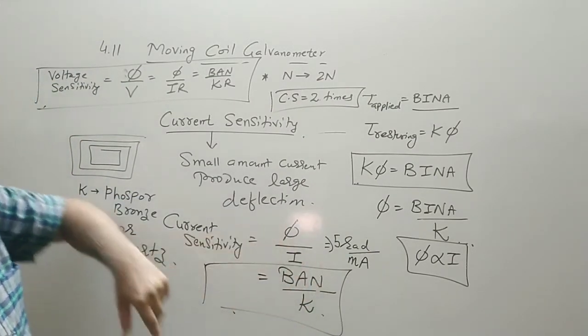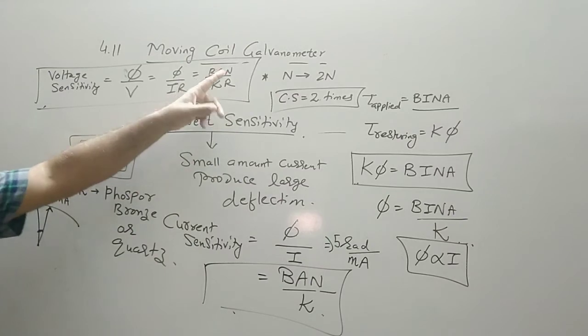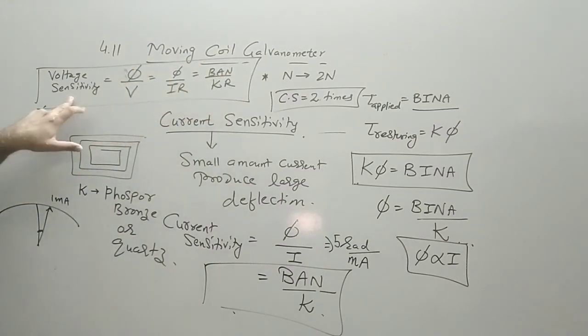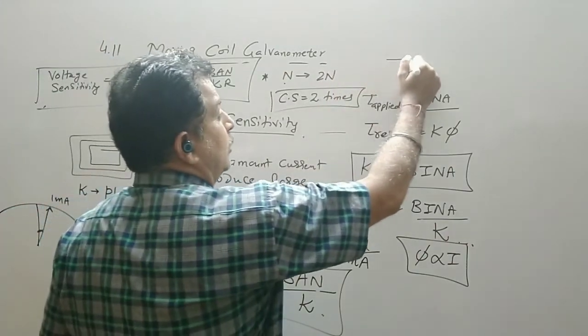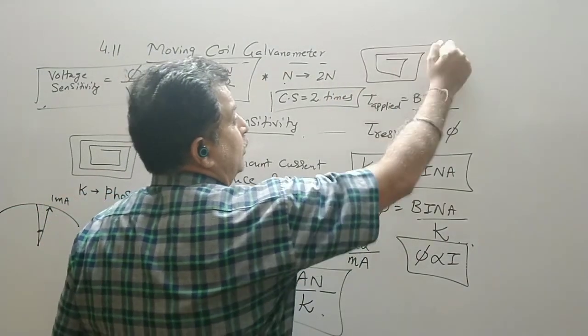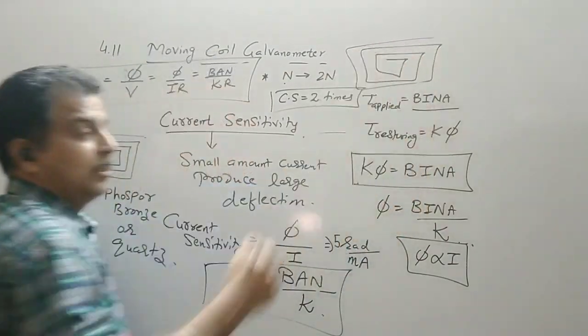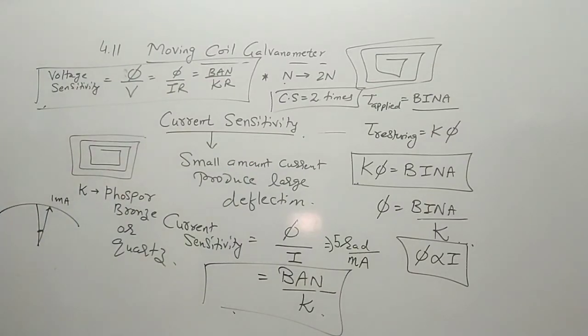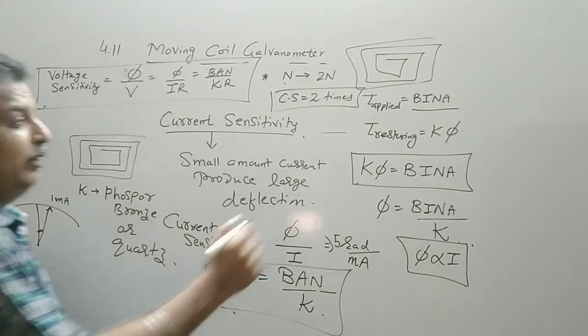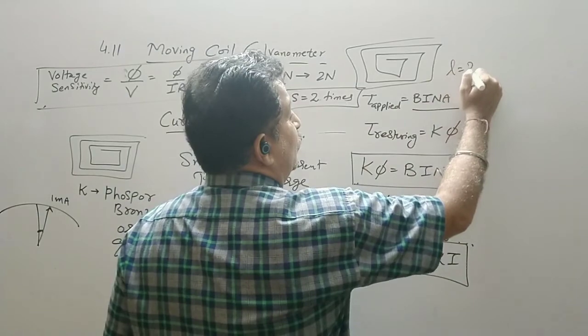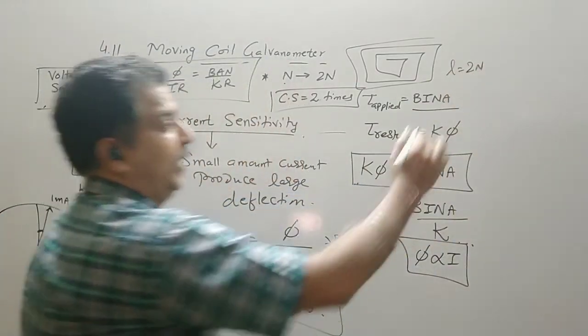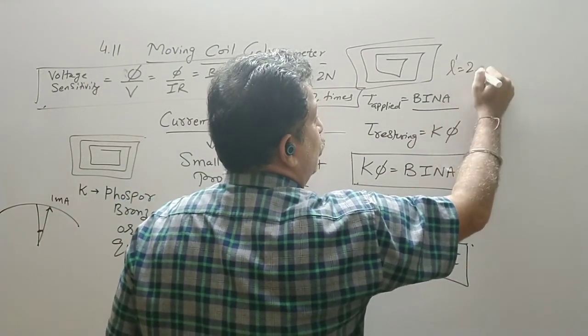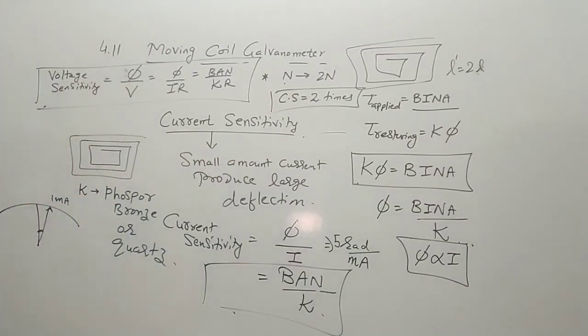Now if n is doubled, sometimes we assume voltage sensitivity is also doubled. But if you increase the number of turns, what is increased? The length of the wire has been increased. So what will be the length of the wire? The new length L will be equal to twice the initial.